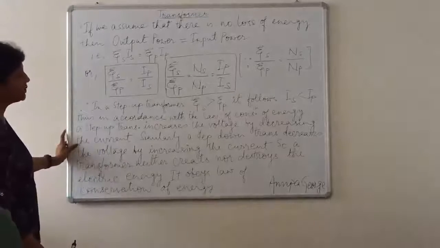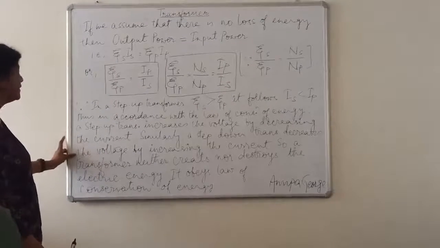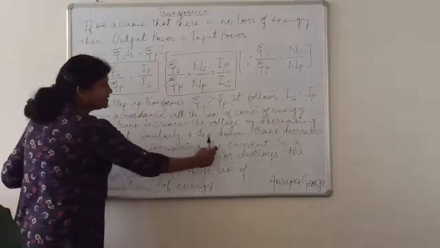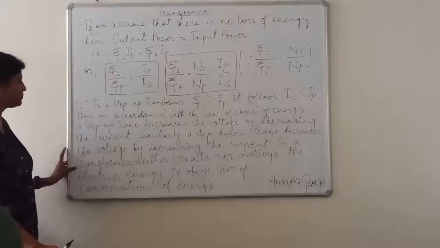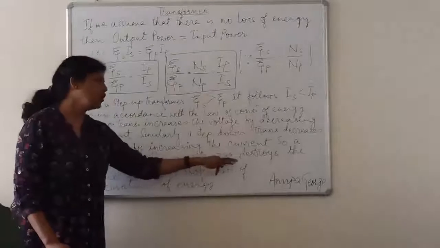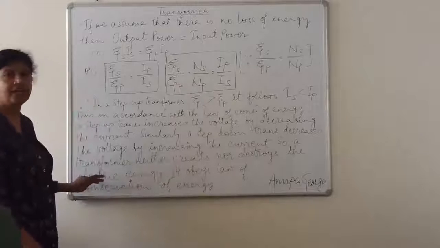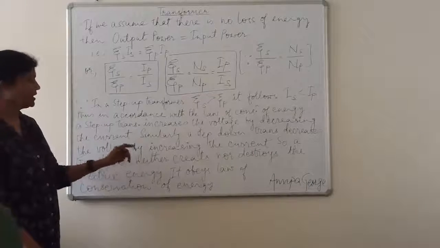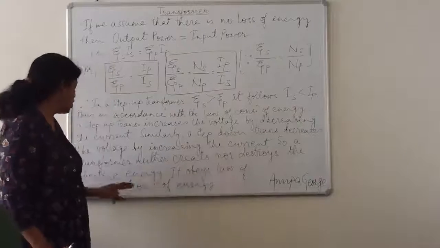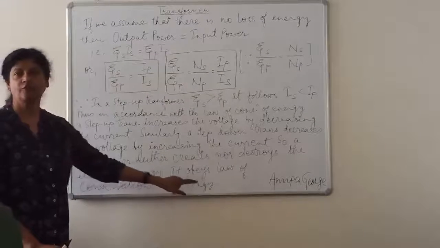Similarly, a step-down transformer decreases the voltage by increasing the current. So, a transformer neither creates nor destroys the electric energy. In other words, we can say it obeys law of conservation of energy.